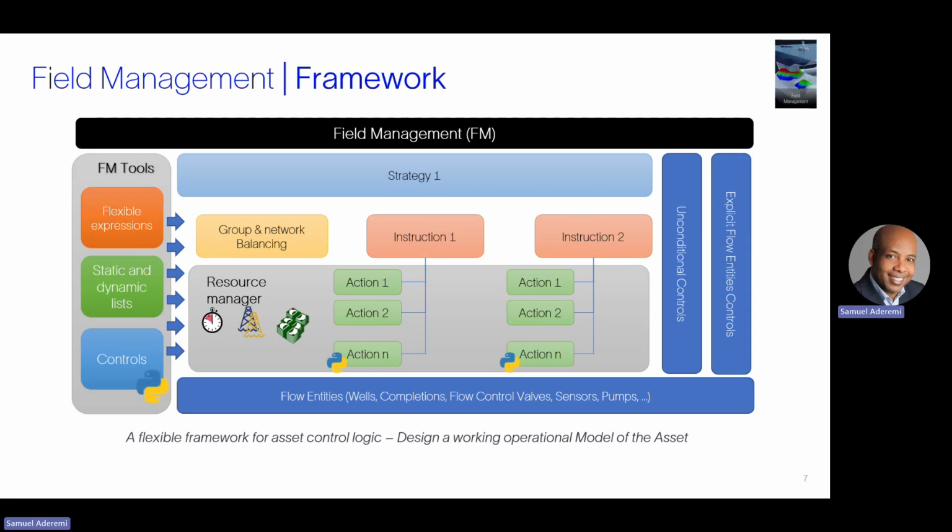So looking at all this together, they actually provide the building blocks for our FM strategy. You can impose constraints from the network or from the facility. The allocation, you can allocate them as needed.